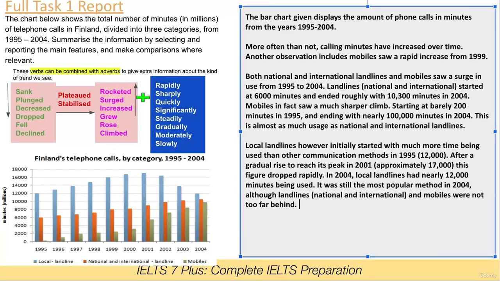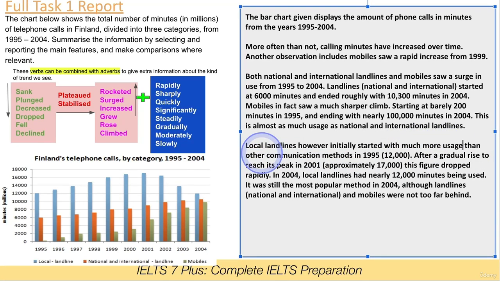Local landlines, however, initially started with much more time being used than other communication methods. Does that sound okay? We could say with much more usage, that might be better. Usage than other communication methods in 1995. Yep, okay, that's good. After a gradual rise, to reach its peak in 2001, approximately 17,000, this figure dropped rapidly.